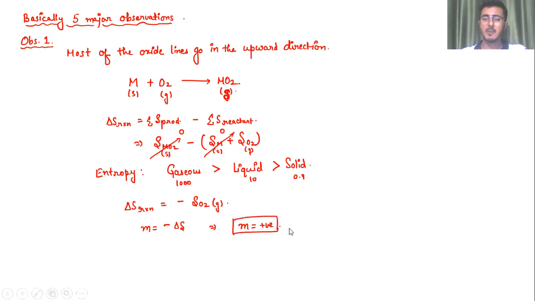Once the slope becomes positive, this is the basic reason why most of the oxide lines we are talking about go in the upward direction. The slope of these lines comes out positive because the entropy change itself is a negative value. So I can say most of the lines go upward.